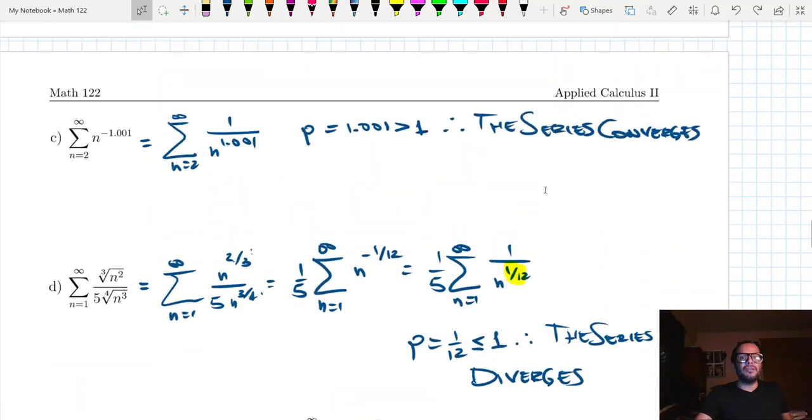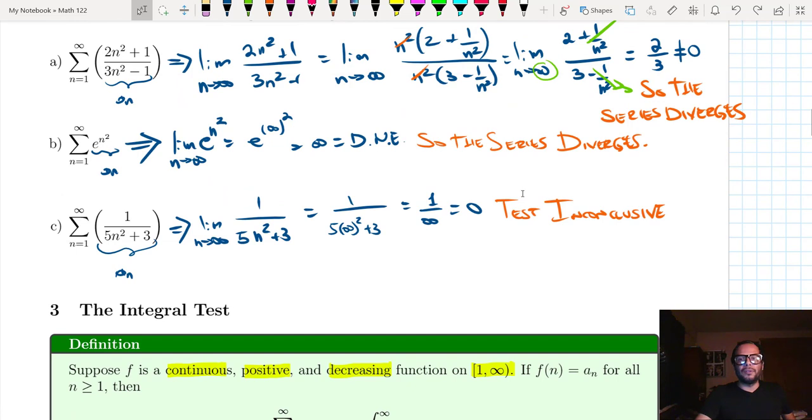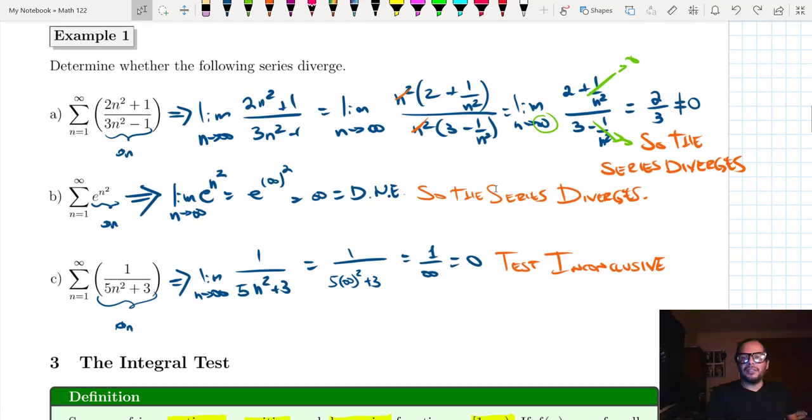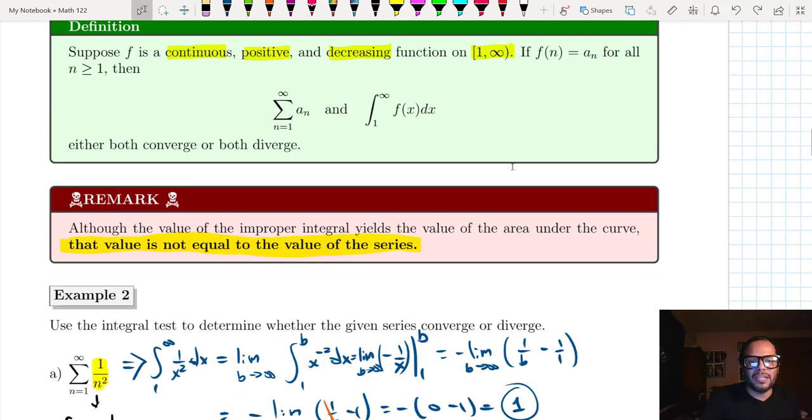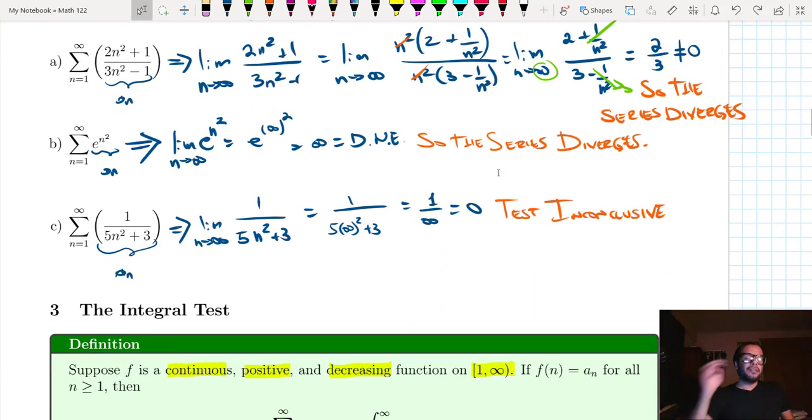And now, let me go up to the very first example. In this case, we got this test inconclusive for letter C on example 1 on page 2. Because the test was inconclusive, we need to go over a different test. So I'm going to do the comparison test.